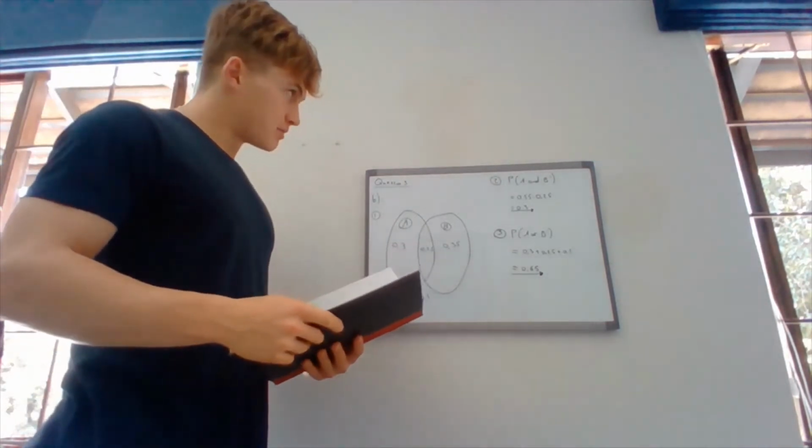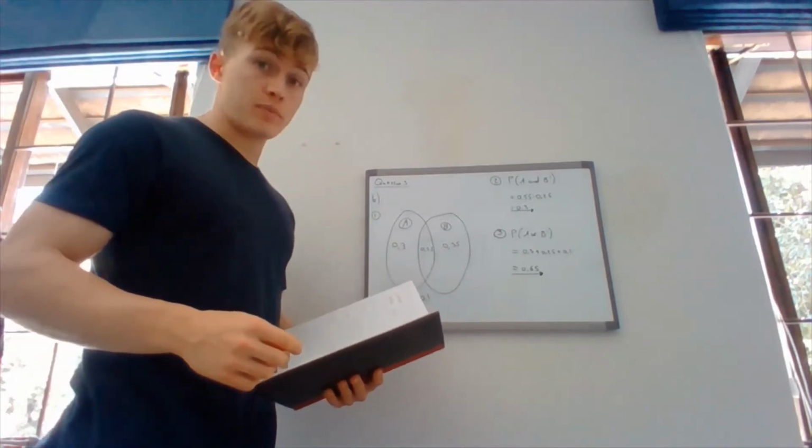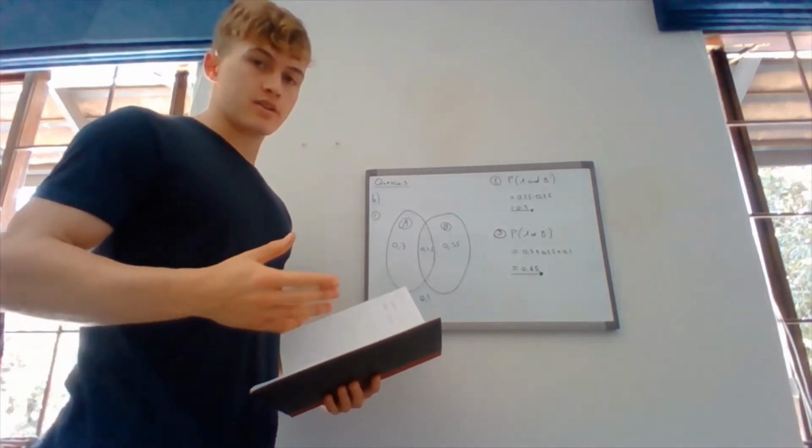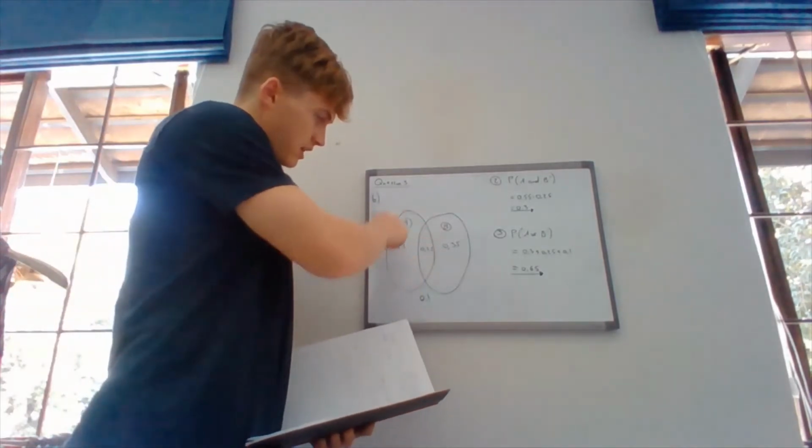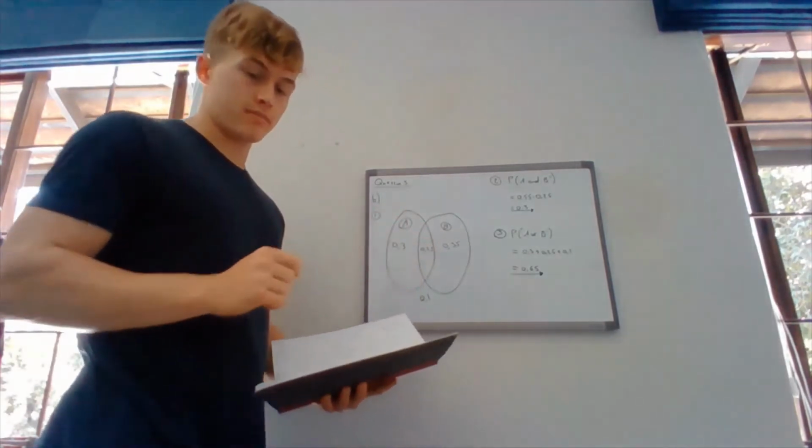Because it says A or not B, and anything that is not B is A and the external 0.1.